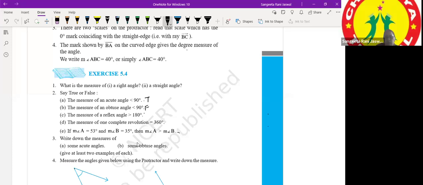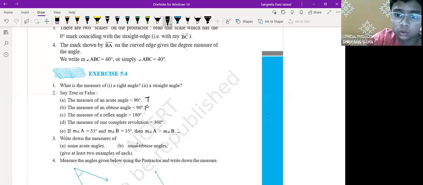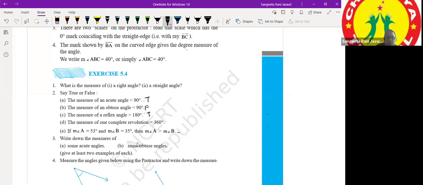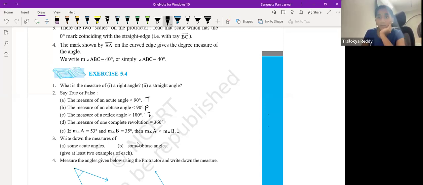Okay. Shreyansh, you tell me, the measure of a reflex angle is greater than 180 degrees. Yes, true. Okay, Trilokya, the measure of one complete revolution is 360 degrees. Yes, ma'am, true.